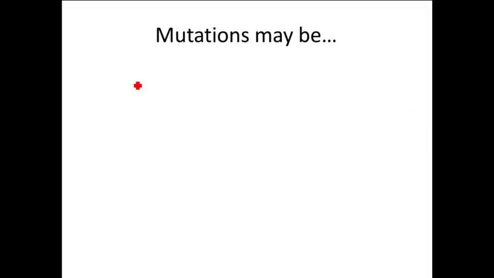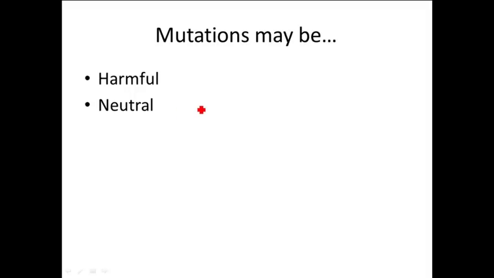Okay, so we often think about mutations being harmful, and they definitely can be. There are definitely mutations, and we're going to go through one, that cause diseases. Genetic diseases that you inherit from your parents are often harmful, right? And they're caused by mutations. But mutations can also be neutral, like when I talked about the nucleotide substitution.